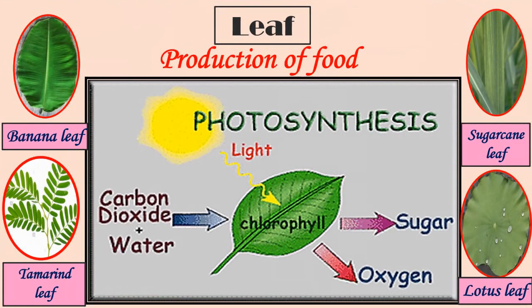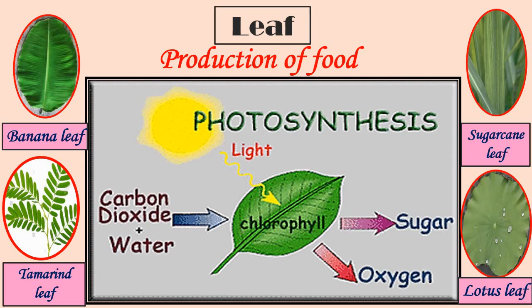Learn about the most important part of the plant, that is leaf. A leaf is actually called the kitchen of the plant because the process of photosynthesis is carried out in the leaf of a plant.